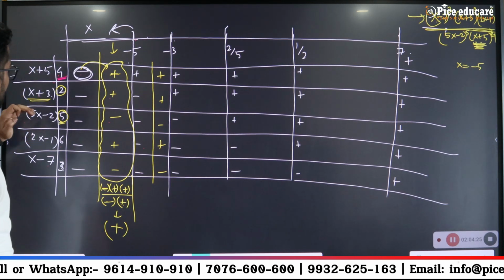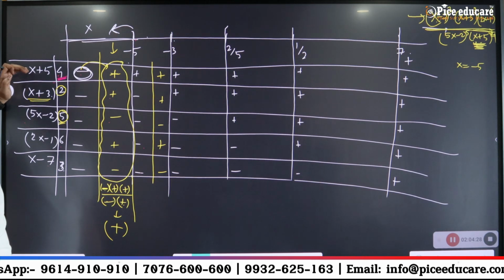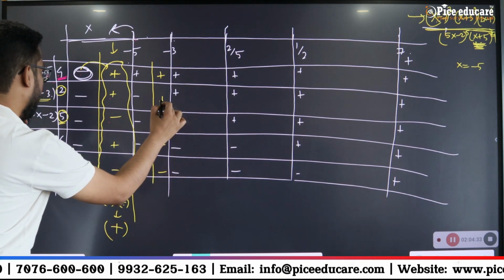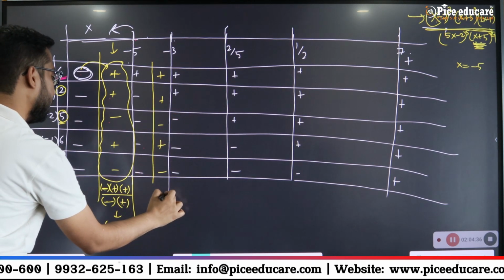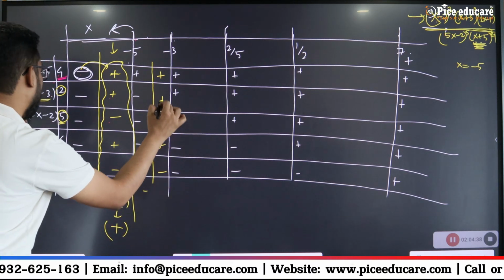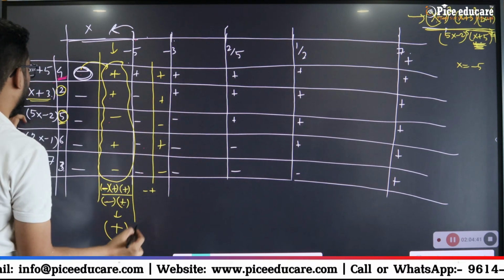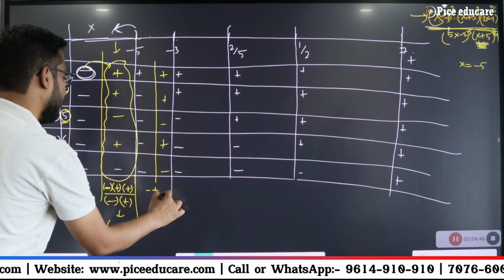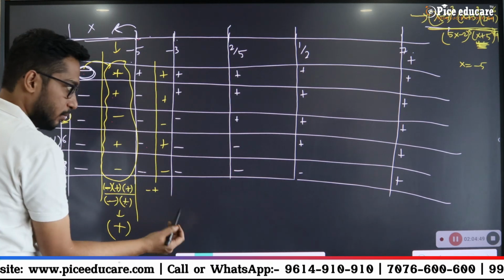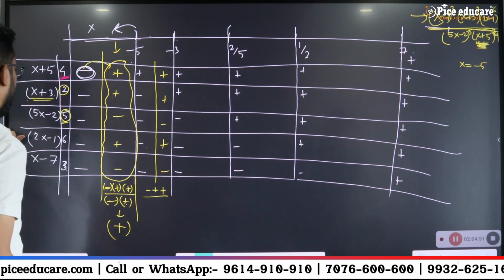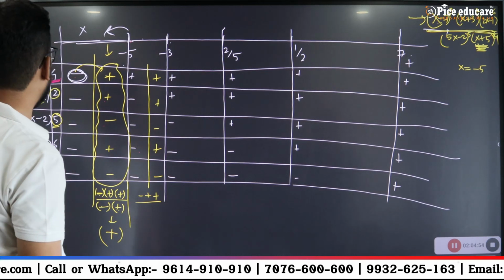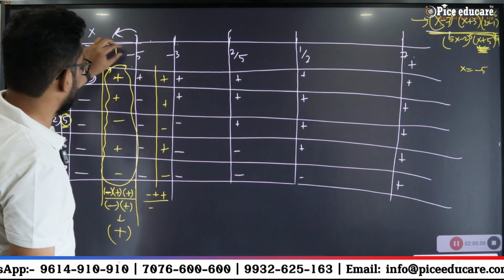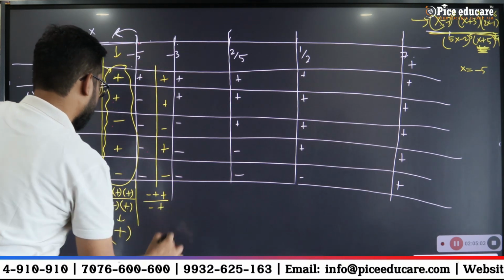So 7, 3, so minus, plus, then half, which is plus again, and then 2 by 5, and then lastly x plus 5, which is plus here, so plus.